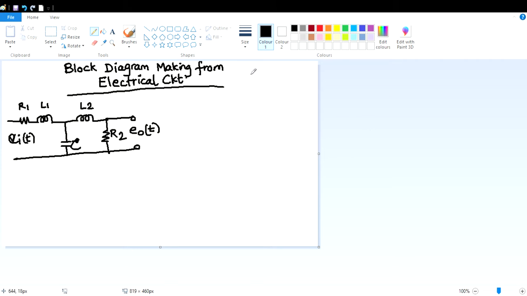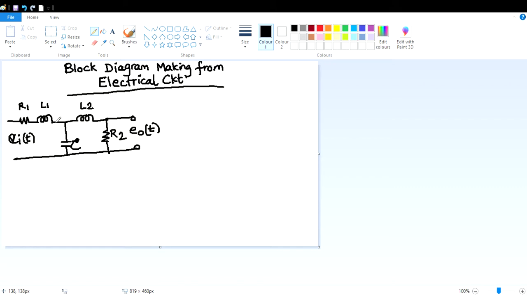We know that in an electrical circuit we can use KCL or we can use KVL. If we use KVL, we will take this mesh, with the loop current here and loop current here, and we will get the equations in the form of Kirchhoff's voltage law, or we can get similar quantities in the form of Kirchhoff's current law also.